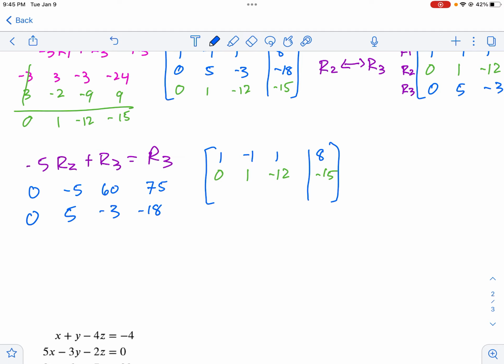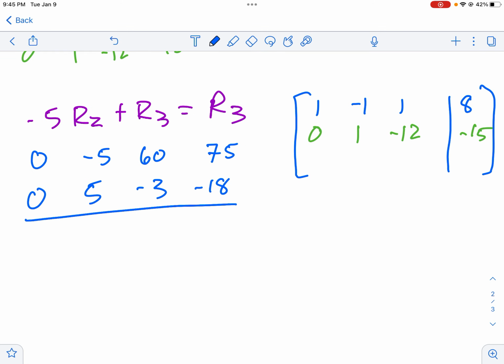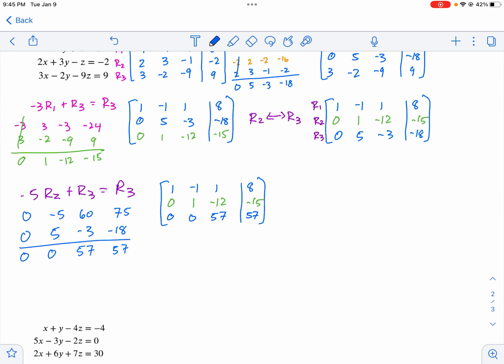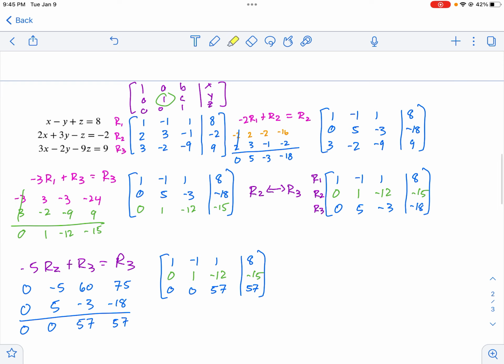So add these two together, 0, 0, 57, and 57. So I have a 0, 0, 57, 57. And we are almost done here. I just need to get a 1 right there.